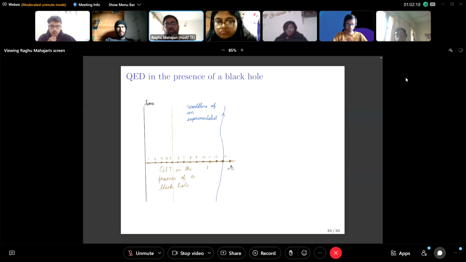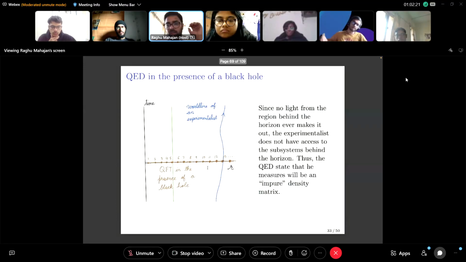Okay, so this is essentially the derivation of the Hawking effect. Since no light from the region behind the horizon ever makes it out, the experimentalist does not have access to the subsystems behind the horizon. And these subsystems are these points 1, 2, 3, 4, 5.